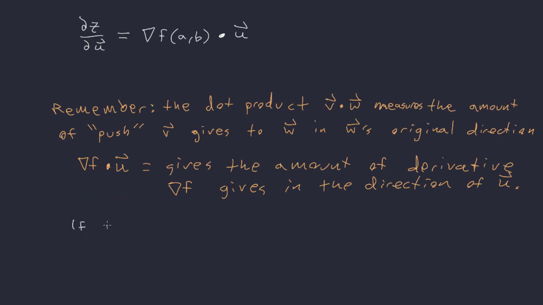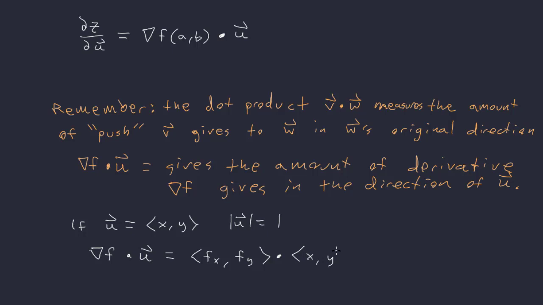Because if, let's say, u equals x comma y, and this is only going to happen if the magnitude is equal to 1, then the gradient of f dotted with u is f sub x comma f sub y dot x comma y.